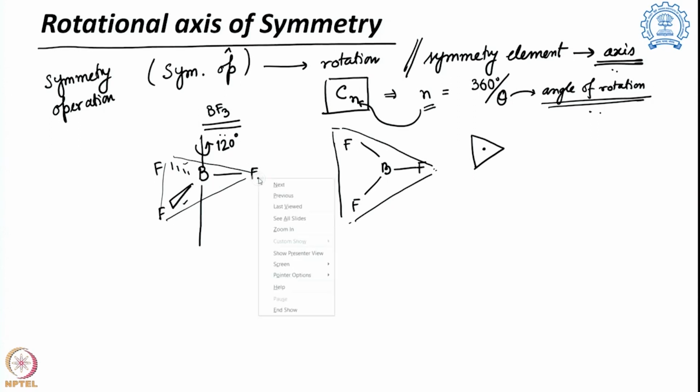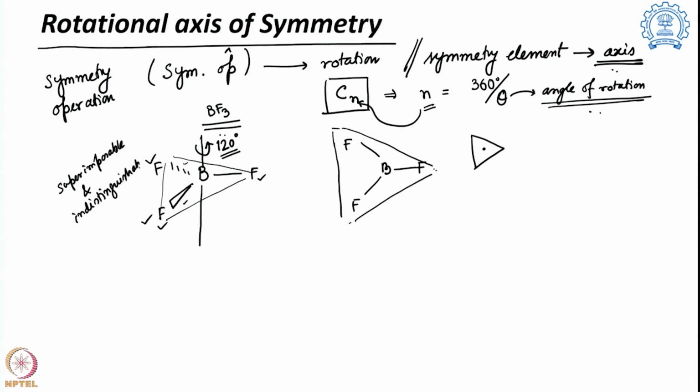For example, this fluorine over here will go to this one, this fluorine will come to this, and boron is not even changing its position. So after a 120 degree rotation, I am going to get a superimposable and indistinguishable structure. And that says yes, I have a rotational axis of symmetry over here.